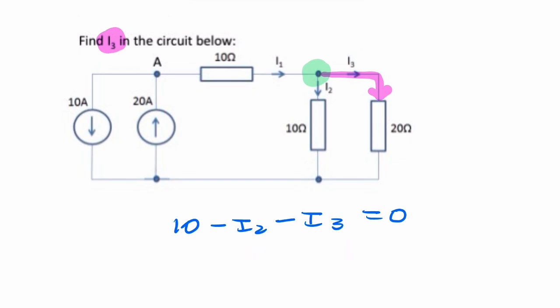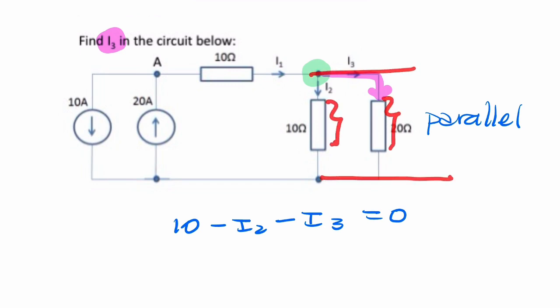And it looks like this resistance and this resistance are in parallel, because they're connected at both ends. So that means that the potential difference across this resistor and this resistor is the same.